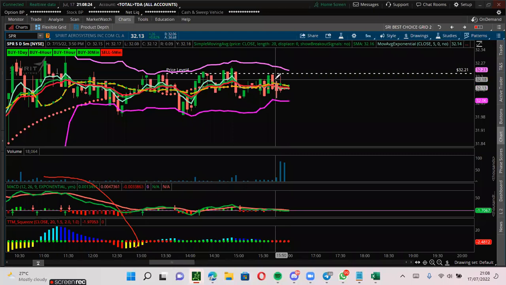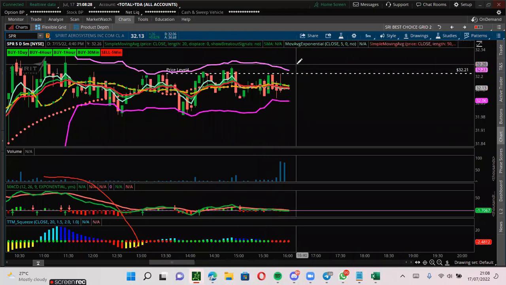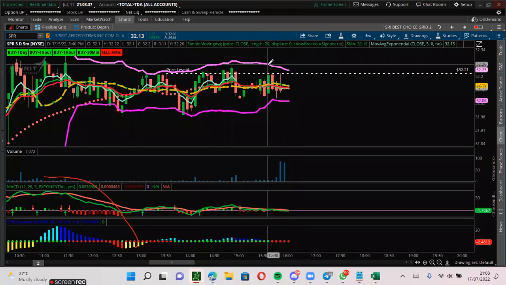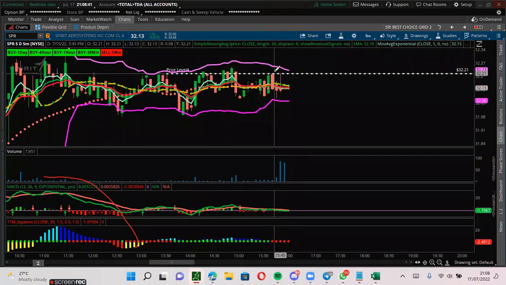Only if it goes to $39 or whatever and you really want to exercise, then you have to buy all the stock. Otherwise you can just pay the difference and exit the trade.